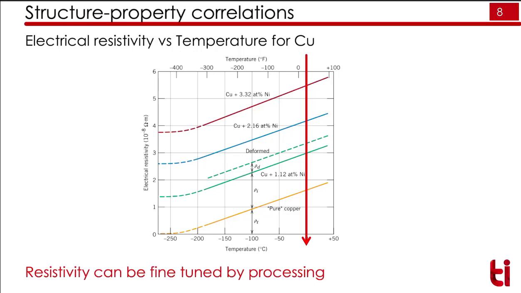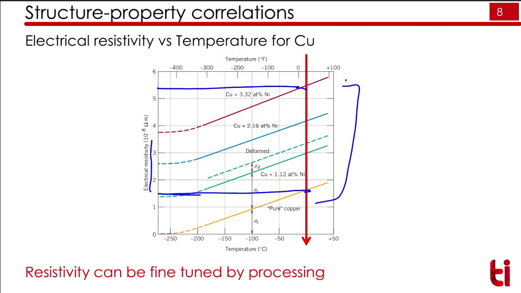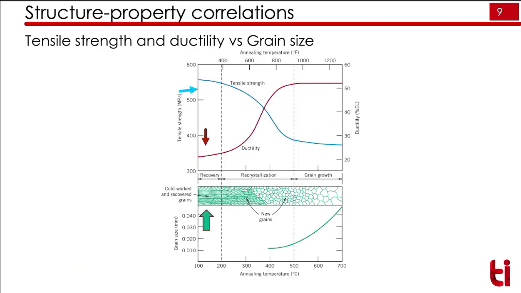The electrical resistivity has changed from 1.5 times 10 to the power minus 8 ohm meter to 5.5 times 10 to the power minus 8 ohm meter by just the addition of impurity. Then the graph shows the grain size, and the x-axis here is the annealing temperature. It has changed from 100 to 700 degrees Celsius, and as you increase the temperature the grain size will change.